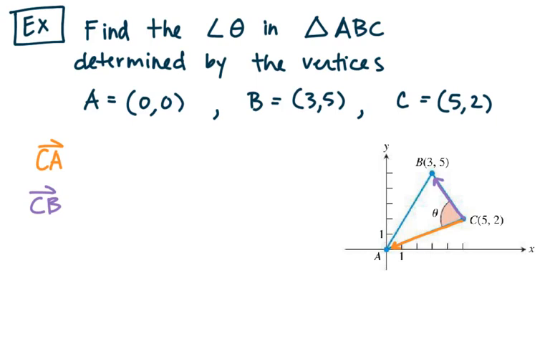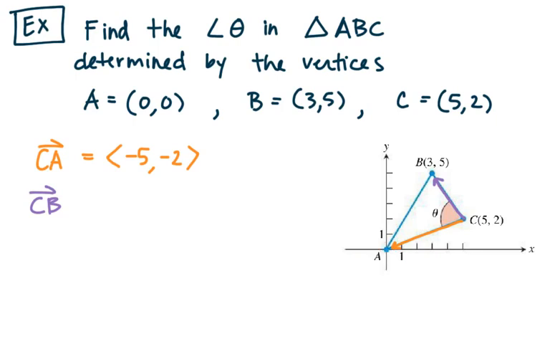But since we're talking about CA, that's the reverse of AC. So CA would be identified as going -5, -2. We went 5 to the left and 2 down from that point to get from C to A.